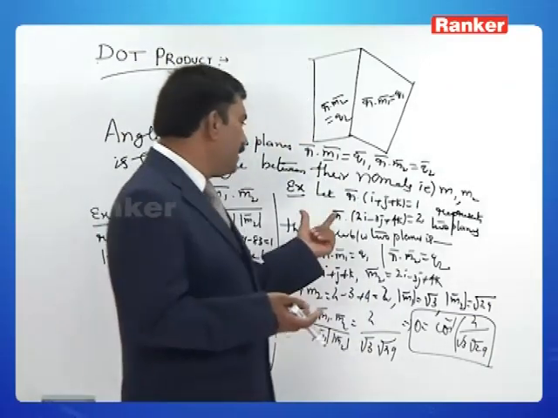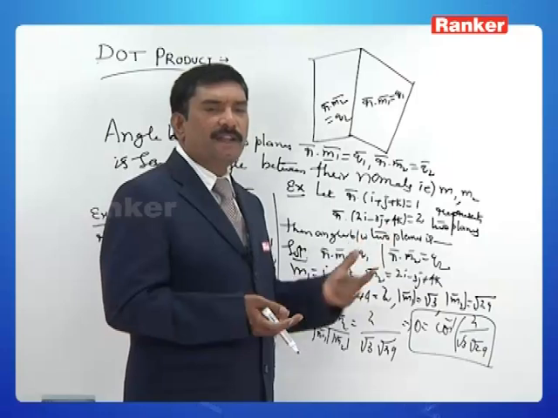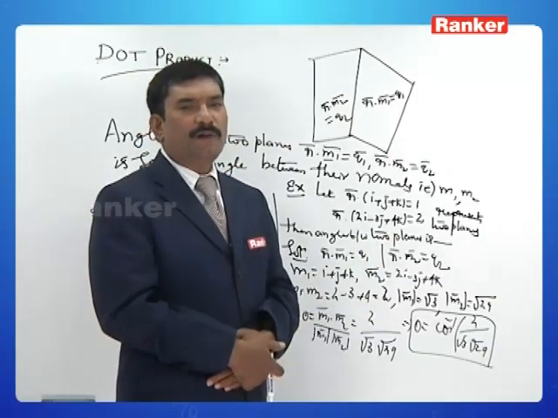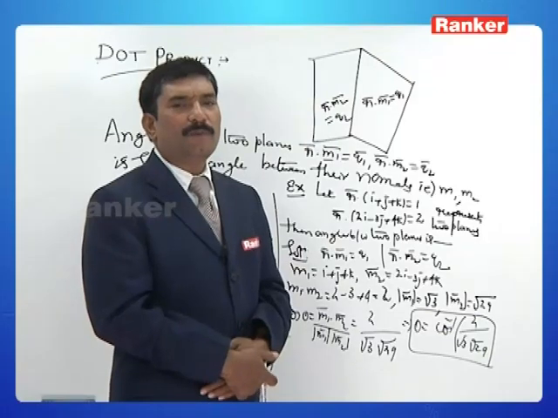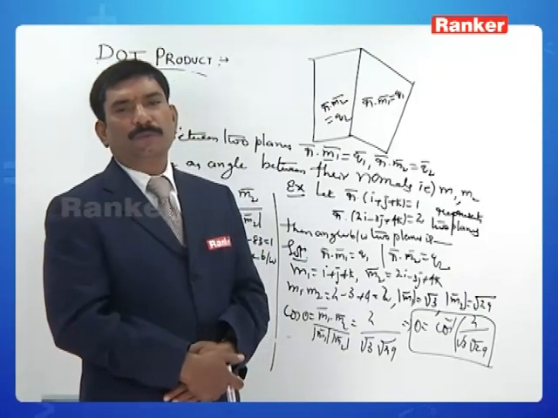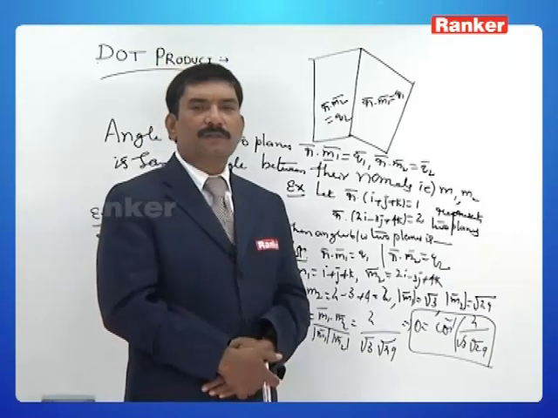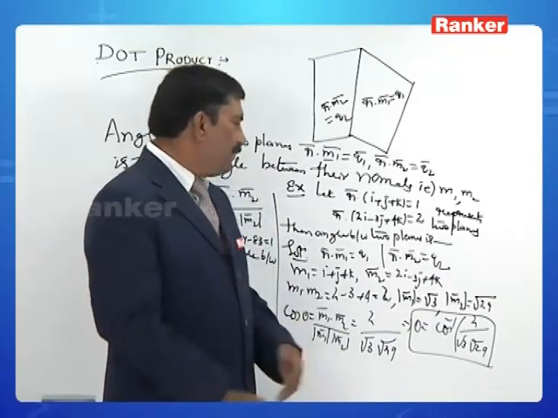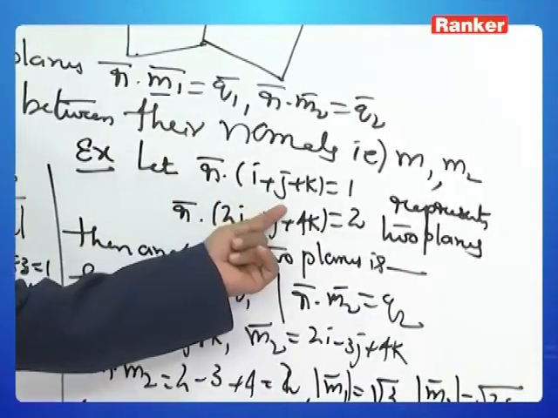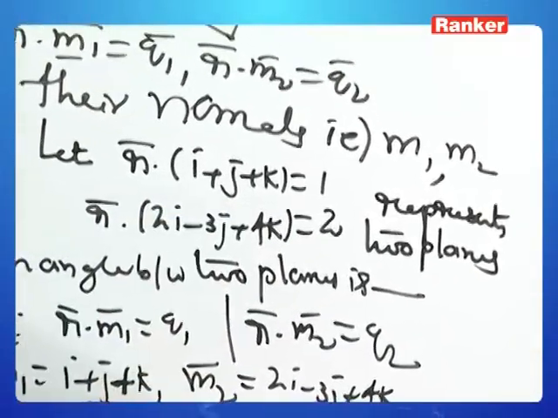In the earlier problem the given planes were directly in the form r bar dot m1 bar is equal to q1, r bar dot m2 bar is equal to q2. So directly m1 is available, m2 is available.